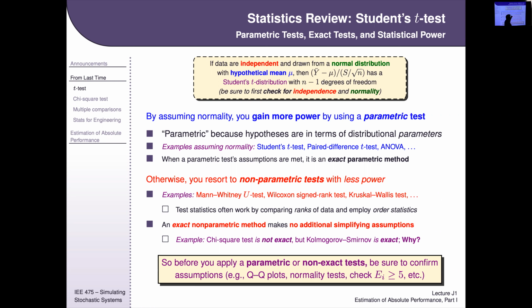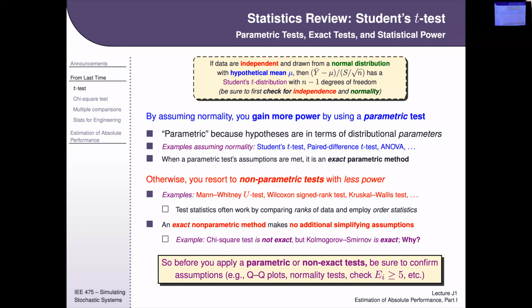All of the tests that we've talked about, t-test, paired difference t-test, ANOVAs, all require normality. But if you were to Google for non-parametric t-test, non-parametric paired difference t-test, or non-parametric ANOVA, you would find that there are non-parametric versions which work exactly the same way.